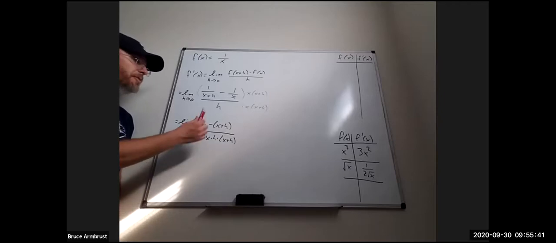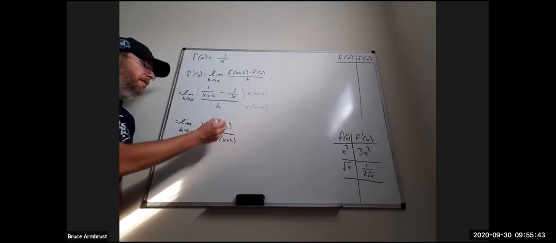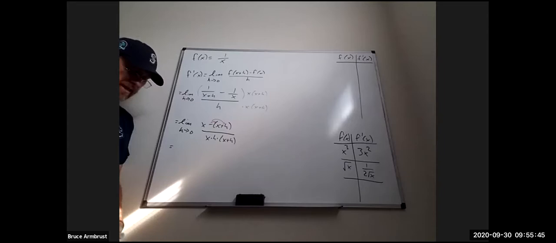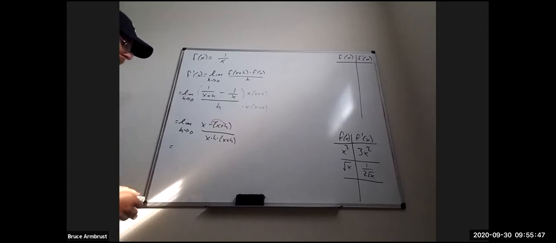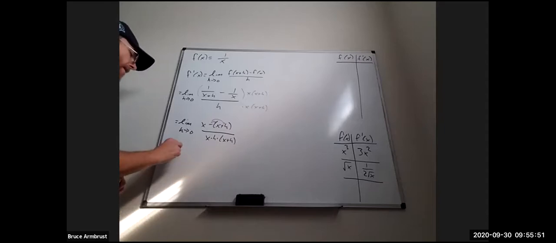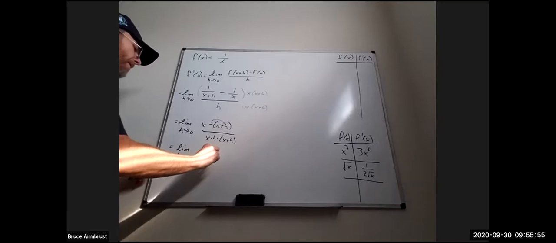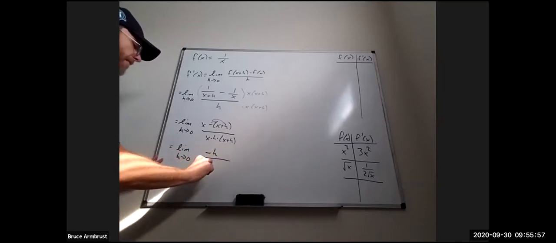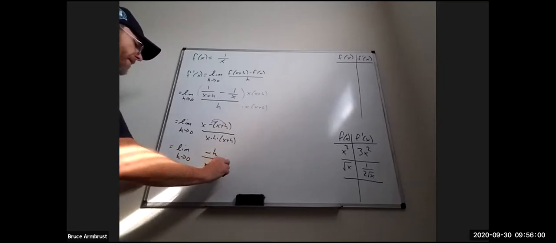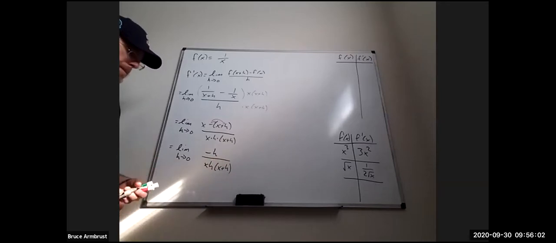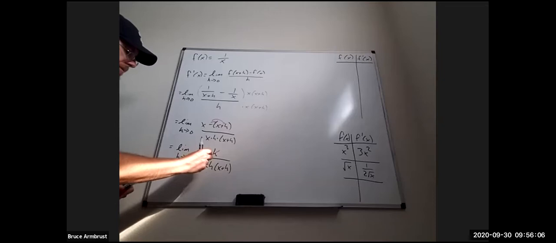So now I'm going to distribute. I'm going to pass that minus sign through. So I'm going to get x minus x. Those go away. But then I also have a minus h. Let me put that up here. On the bottom, I've got xh times x plus h. And now I can cancel those h's.